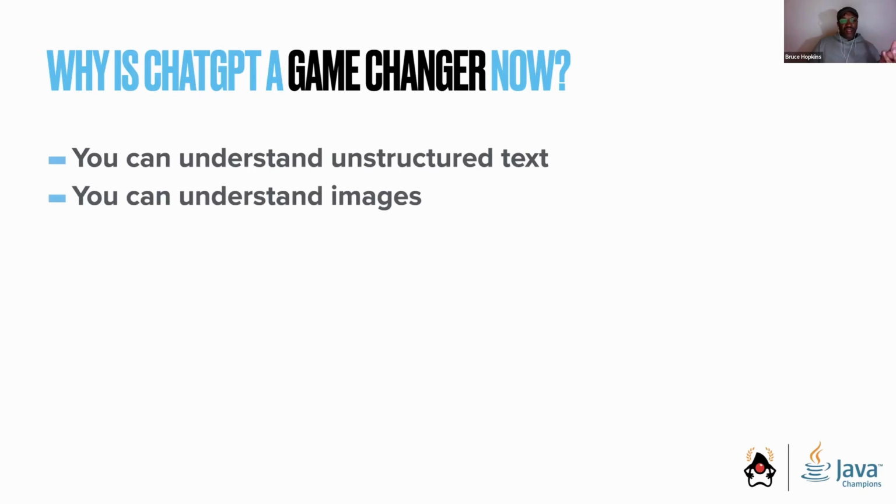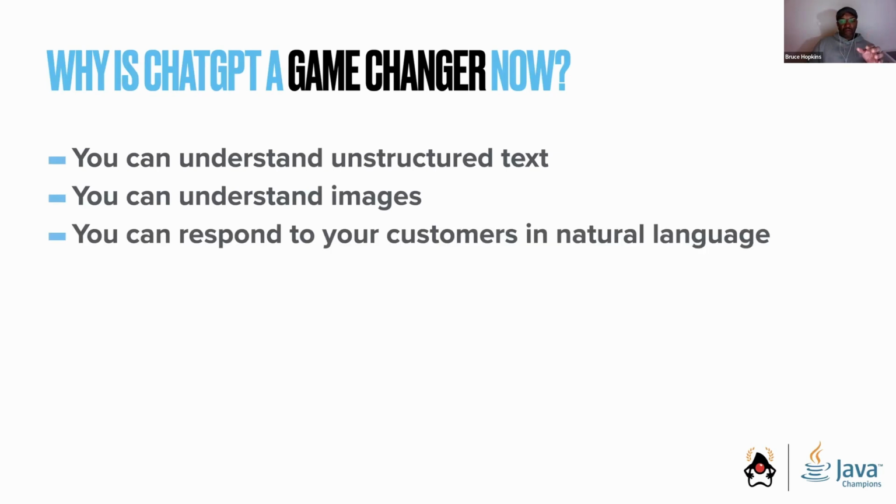You can understand an image. So if you provide it an image, it could be a GIF, a JPEG, it can be a PDF. It can actually describe to you what is inside the image. And then one of the more important things is that when you're building applications for your customers, it's now very easy for you to respond back to your customers in natural language.